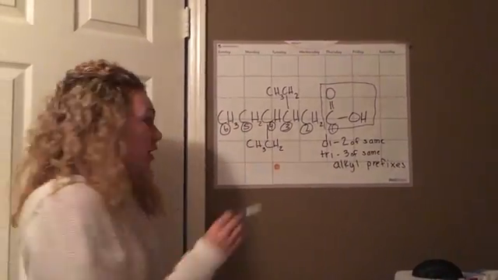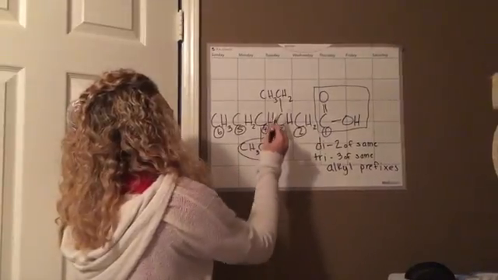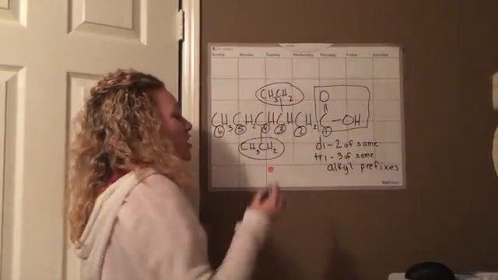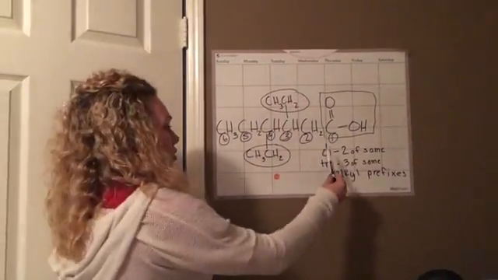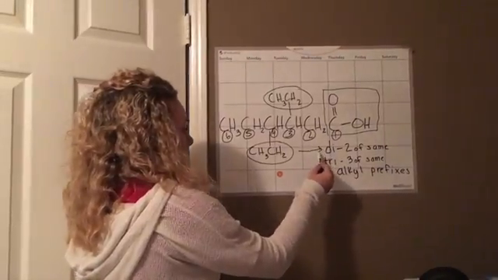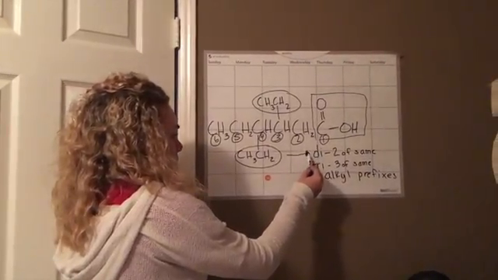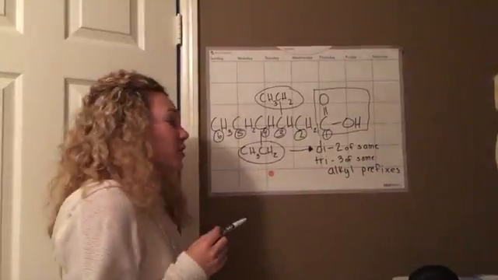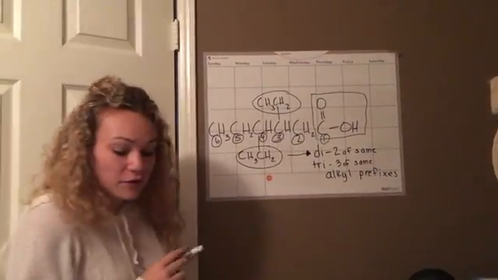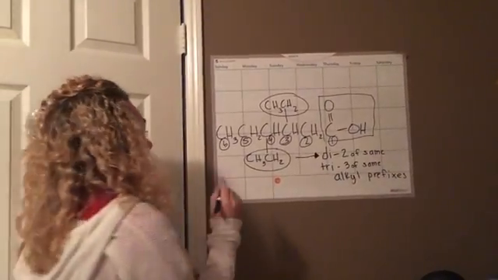And noticing that we have 2 of the same substituent groups, which happen to be ethyl groups, and since there are 2 of the same, we would put di in front of our alkyl name.